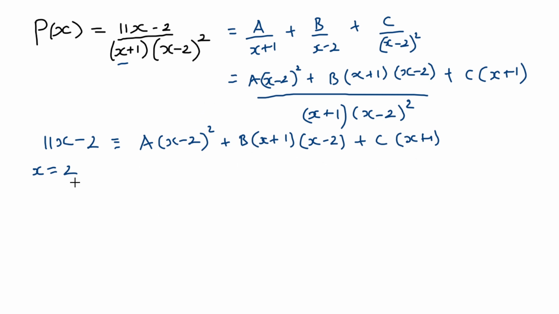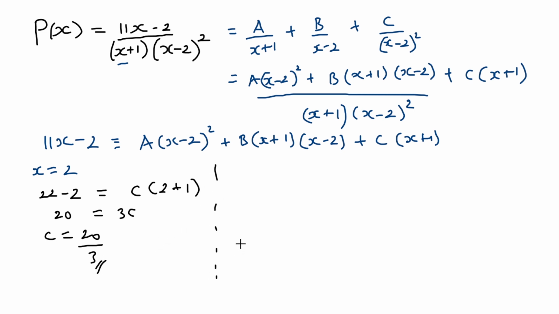For example, if x is 2, substituting on the left-hand side we have 22 minus 2, which equals 20. The A term goes because x minus 2 becomes 2 minus 2, which is 0, and the B term also goes for the same reason. So we remain with only C into 2 plus 1, so it's a plus. This is 20 equals 3C, and therefore C is 20 over 3. So we've gotten our C.